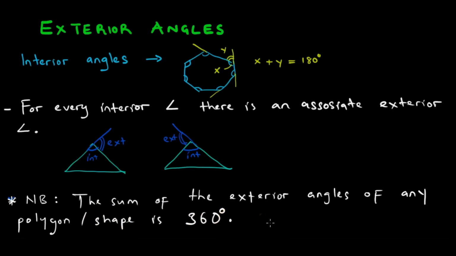And this is the first main difference between interior and exterior angles. If we add the exterior angles of any shape, we can work with what we have already. We have a heptagon here, and these are the exterior angles I am putting here.